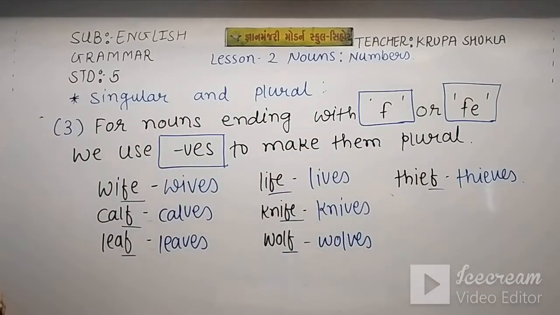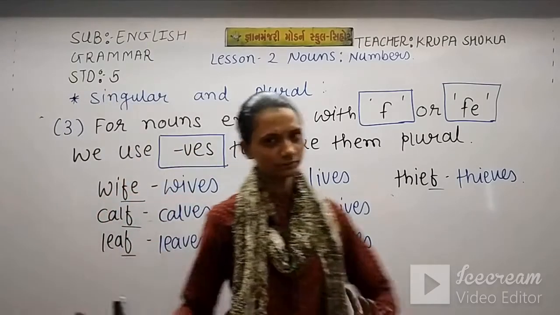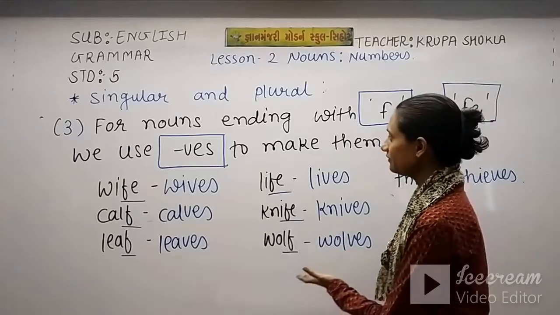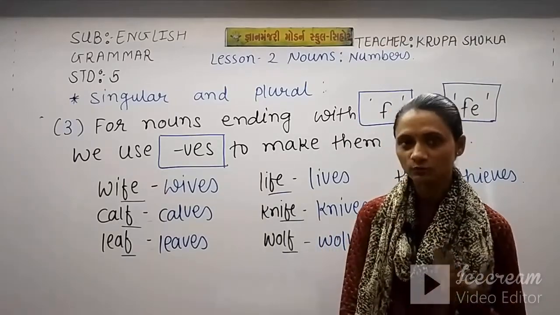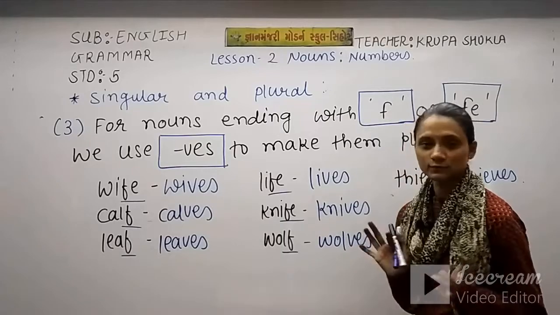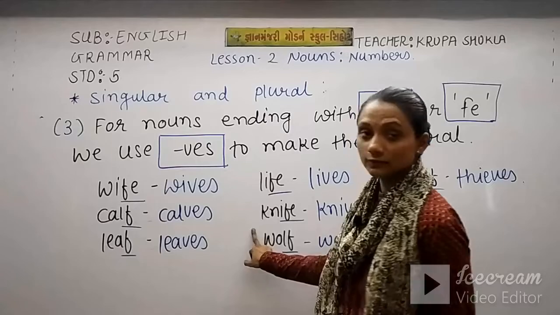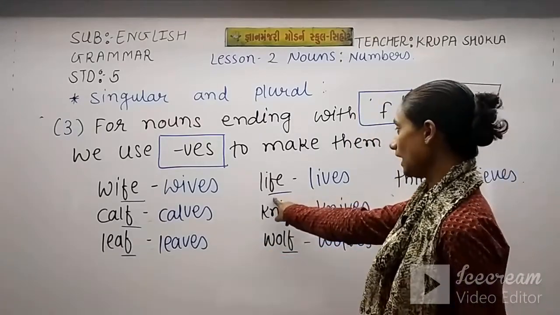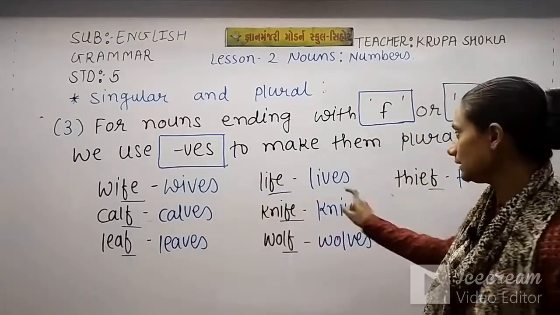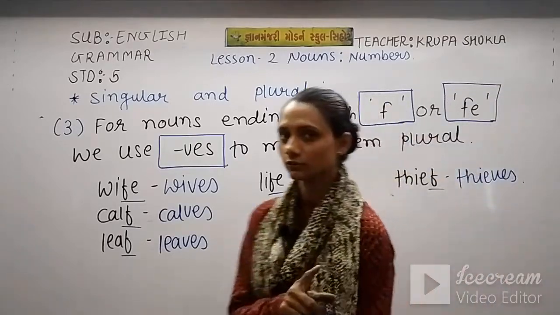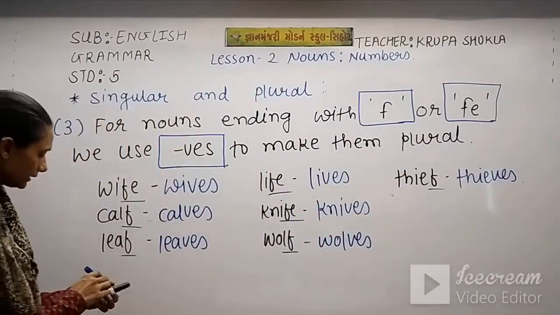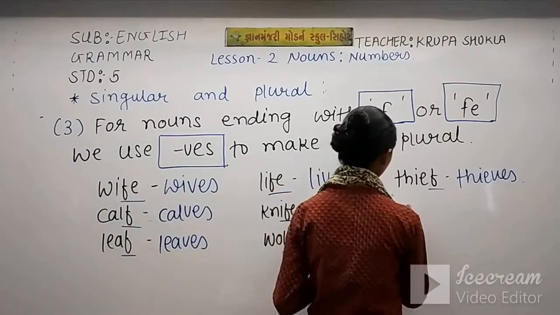So this way we made these plural. Okay. So one thing we did with these words. Can you identify which one thing we did? When we added ves to these words, if you have noticed, we removed f or fe to make them plural. So there is one rule you need to remember.